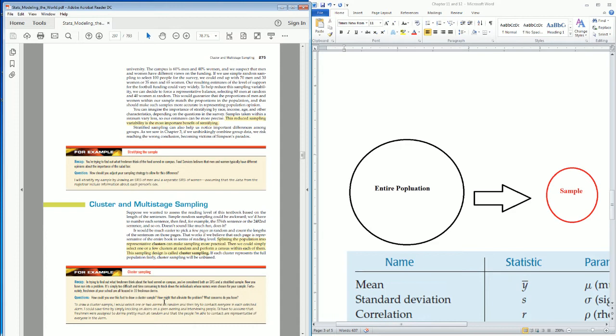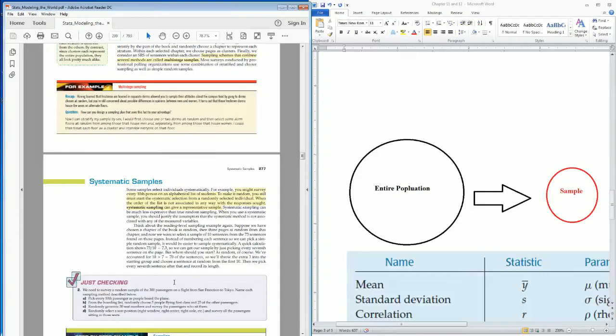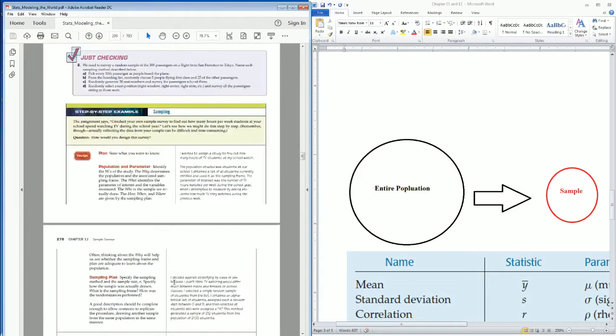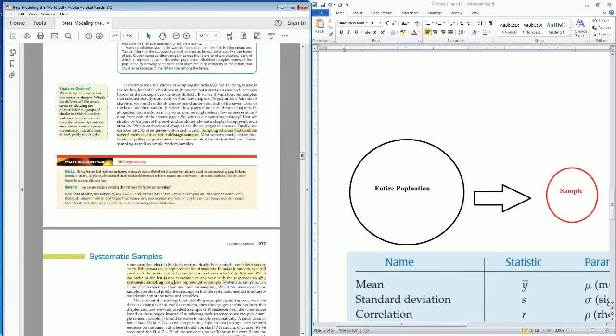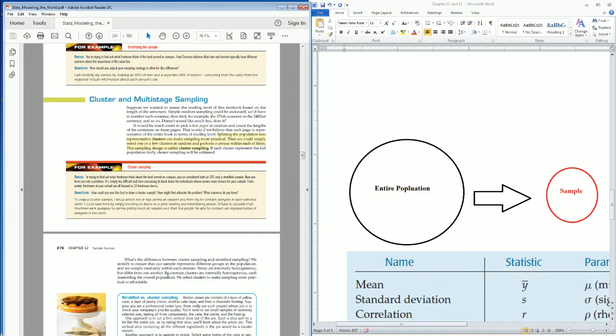In varsity, there's first string, second string, third string, and fourth string. So that is what I mean by your systematic sampling, convenient sampling, and voluntary response. Those are all strings within multi-stage sampling.